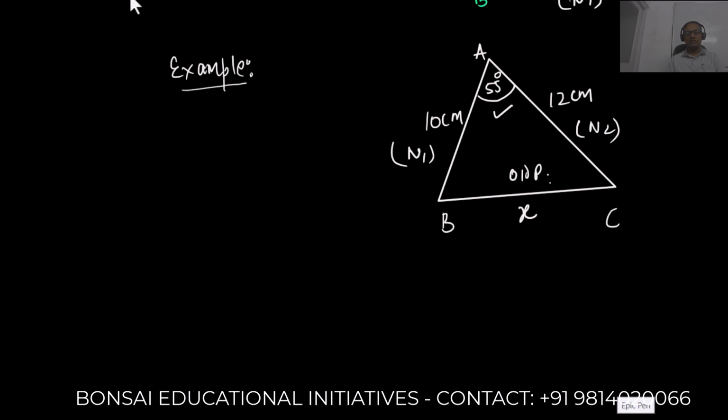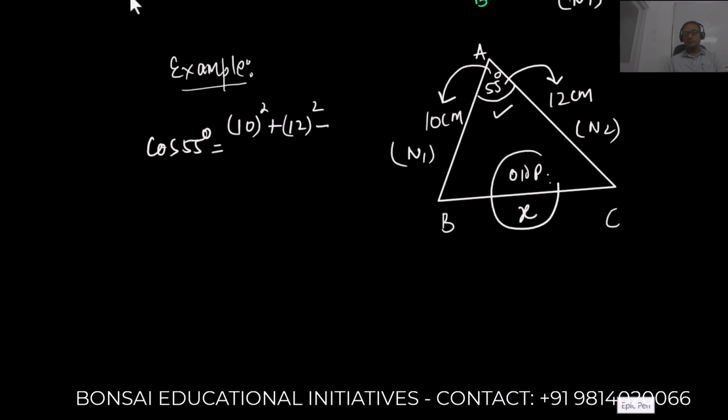What we see here, cos 55 degree equal to neighbor 1, that is 10 square, plus neighbor 2, that is 12 square. I am taking the reference point as an angle. And minus opposite side, that is x square, upon 2 times neighbor 1, that is 10, and neighbor 2, that is 12.